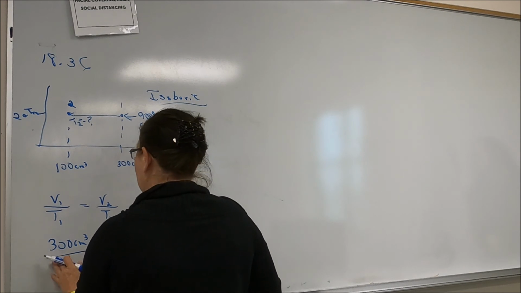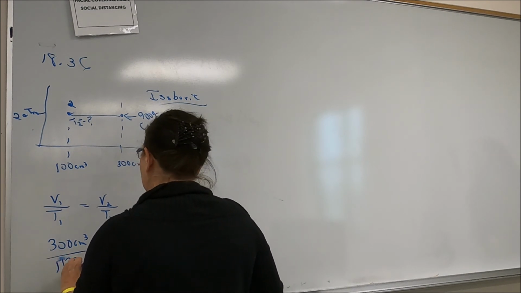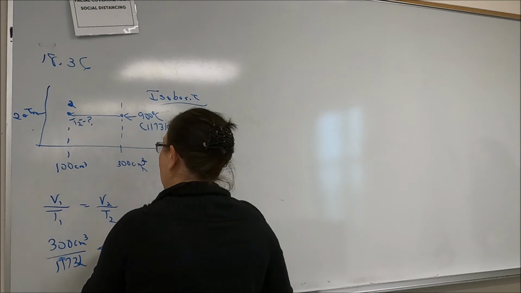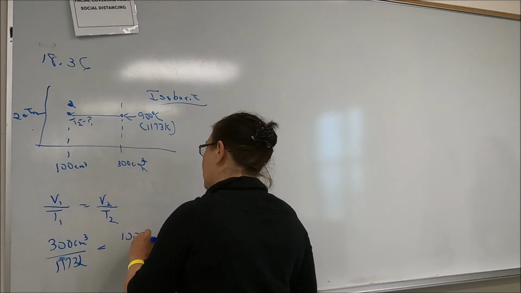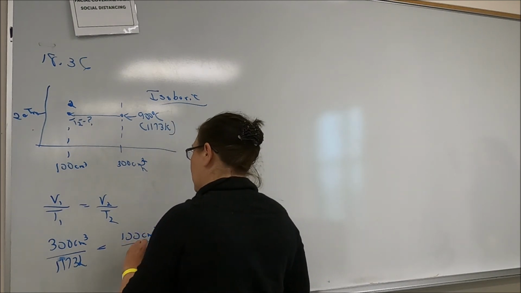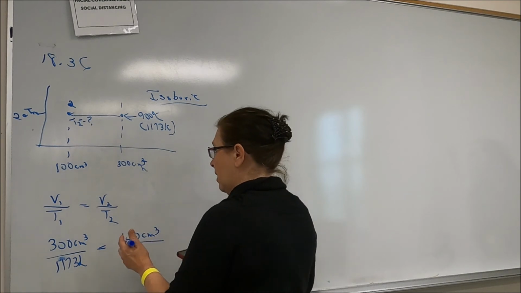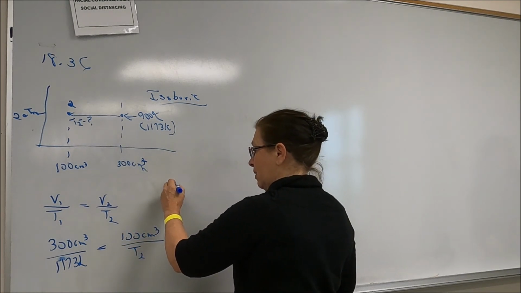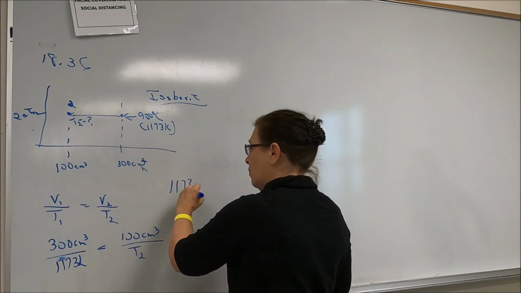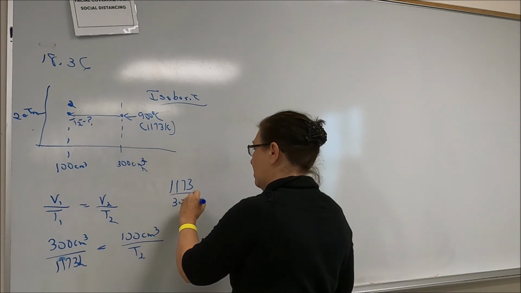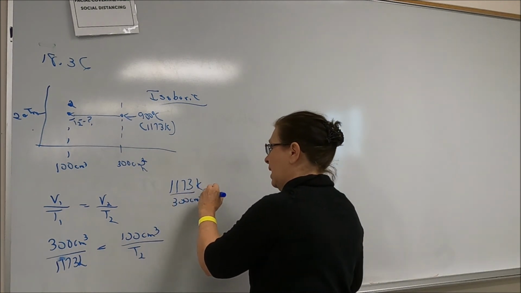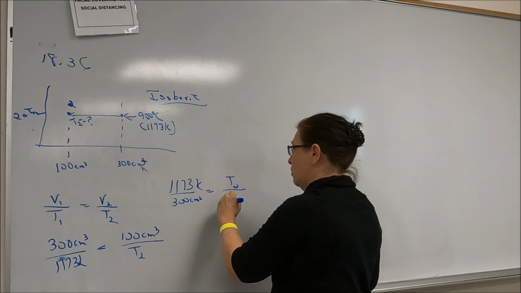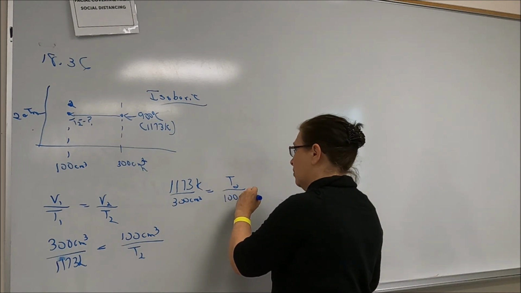T1 is 1,173 K, and that has to equal 100 centimeters cubed over T2. Now guys, you can flip this. So I can go 1173 over 300 centimeters cubed has to equal T2 over 100 centimeters cubed.